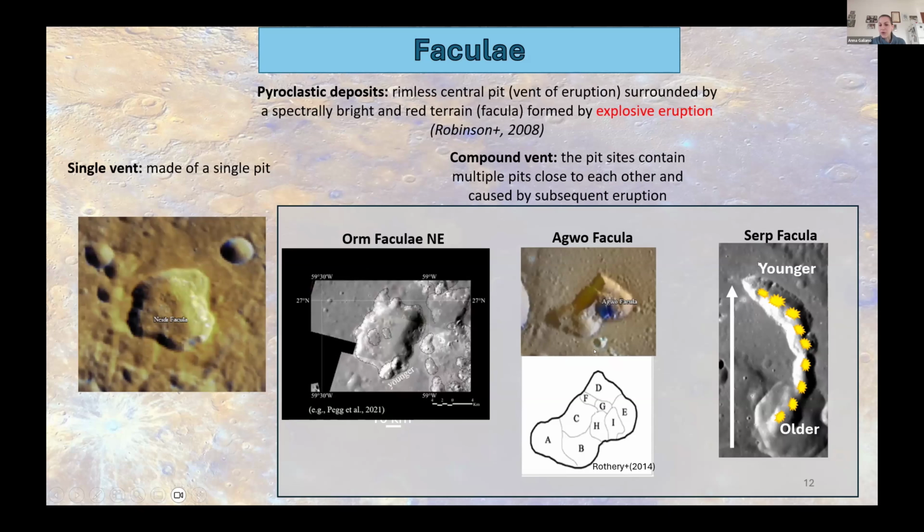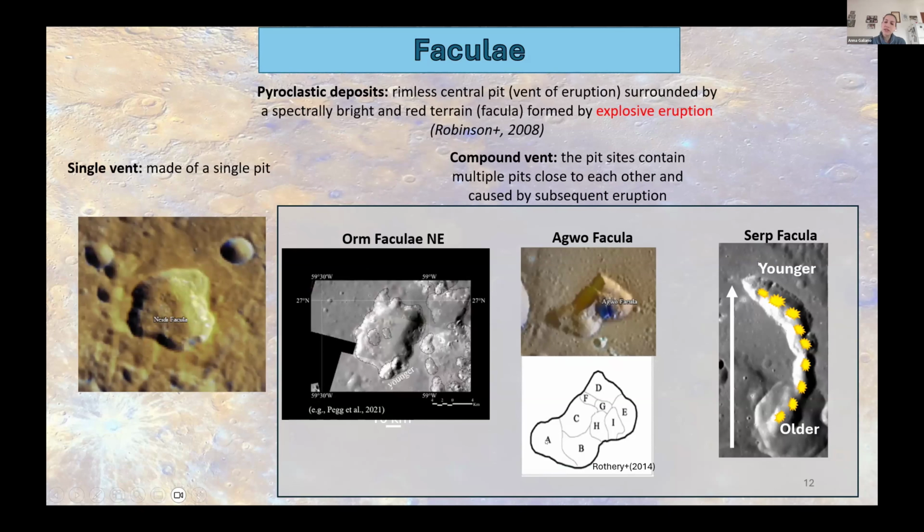Then we have Ago facula, where several pits were identified and classified as A, B, C, then moving to H and I. The youngest ones are the H and I vents.